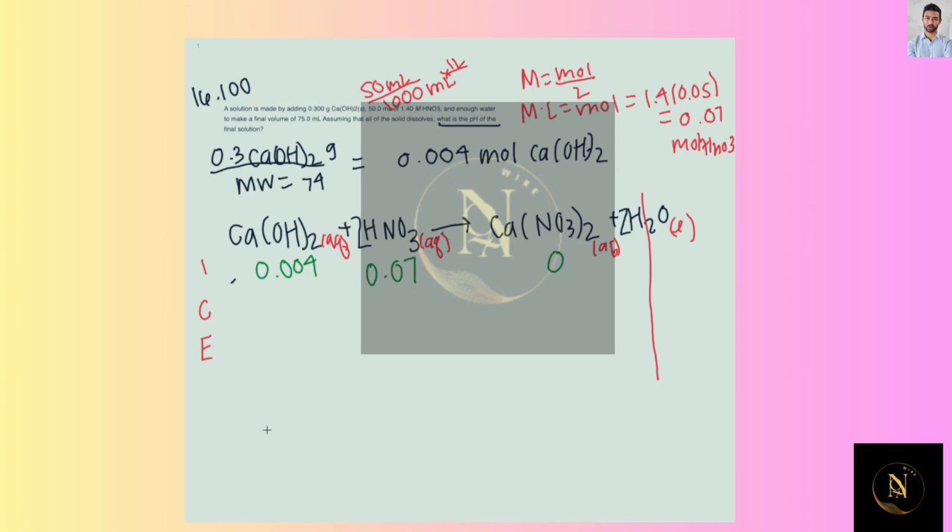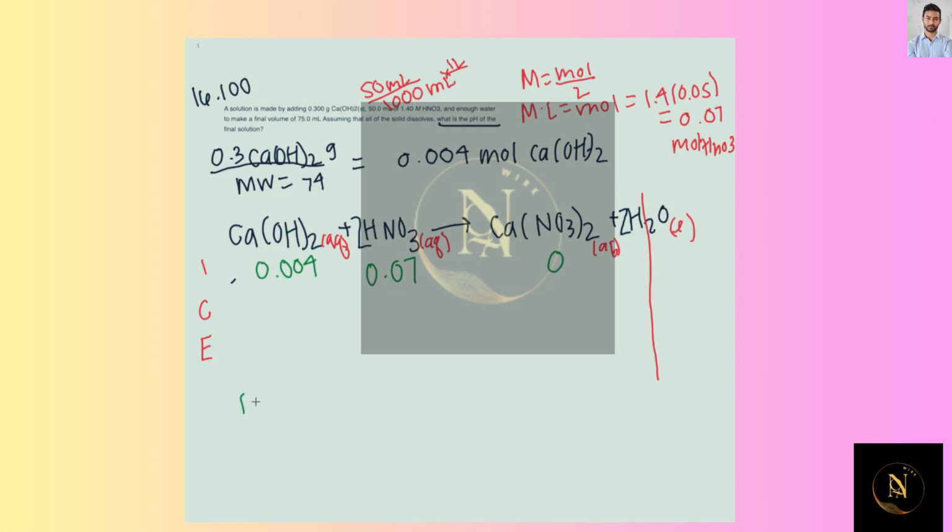What's going to happen here is a change in our solution, and the best way to calculate this is by using the stoichiometry of our equation from above. We are using all of our Ca(OH)2, since it is the smaller amount, and we can tell it's the limiting reagent because we already converted to moles. We just figure out how many moles of Ca(OH)2 are needed to react with HNO3.